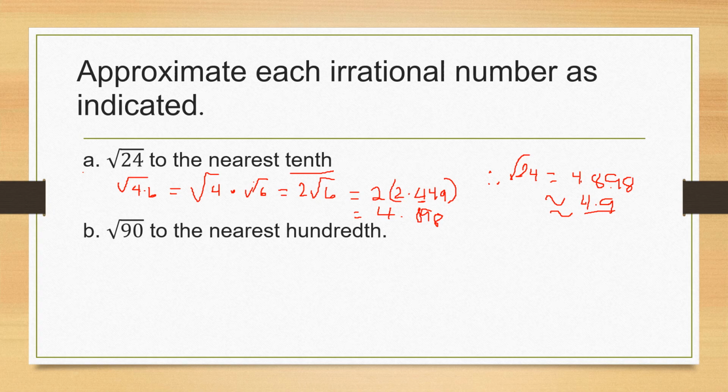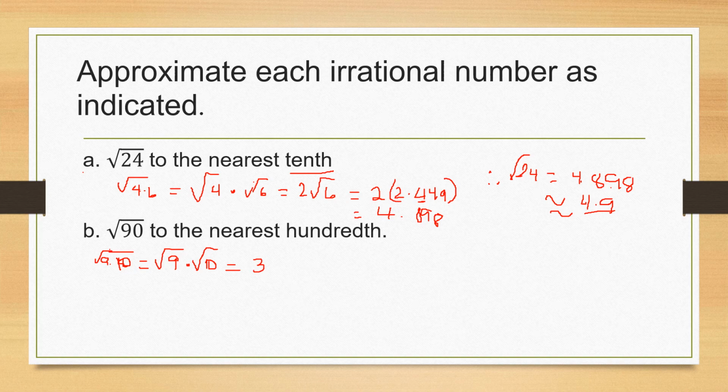Alright? Next, we have square root of 90. Now, for square root of 90, we could say that square root of 90 is 9 times 10, right? Okay, so 9 times 10 is square root of 90. Or we could say square root of 9 times the square root of 10. Okay, and we know that the square root of 9 is 3.